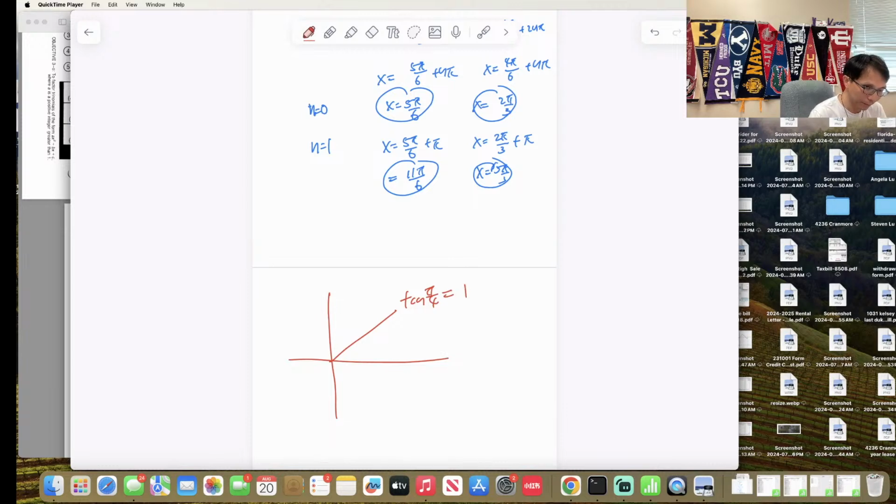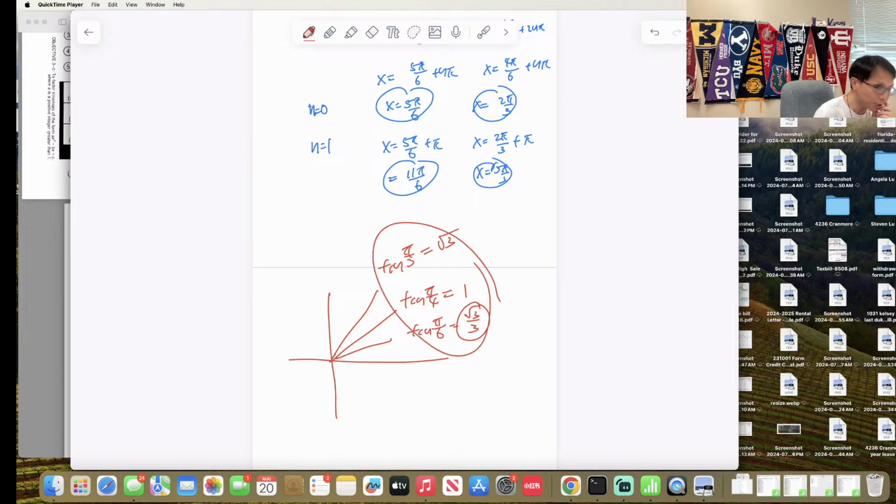That's equal to 1. Tangent of pi over 6 is sine of pi over 6 over cosine of pi over 6. That's going to equal root 3 over 3. So this is where the root 3 over 3 comes from. And the tangent of pi over 3 is equal to root 3. So I just asked you to memorize those 3 places.